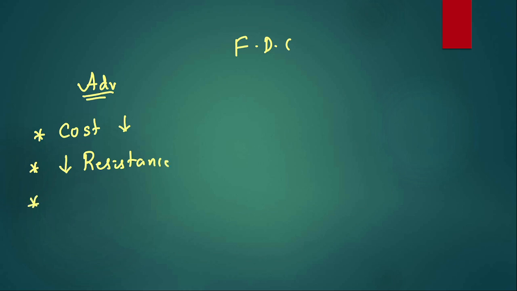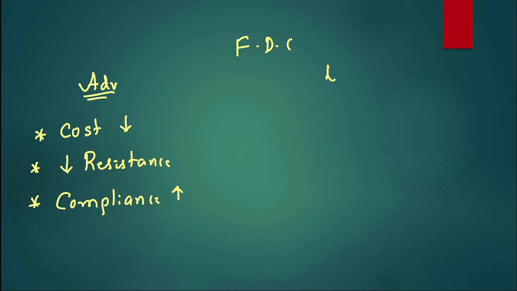And also, if patient is taking FDCs, the compliance is better. What do you mean by compliance? Compliance means they stick to the treatment, they take it every day as prescribed. For example, if I give 3 drugs and patient will not take it, suppose I combine all the 3 drugs and give a single tablet, obviously they will take it easily. So the cost decreases, resistance decreases, compliance increases.